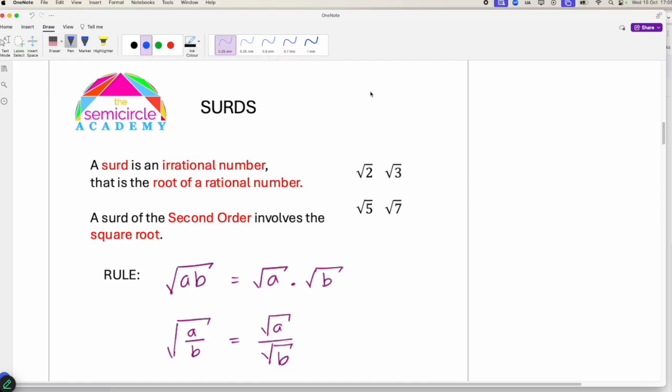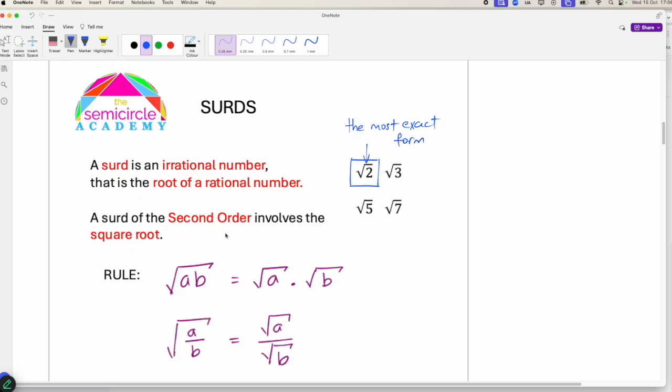Because this is irrational, expressing it in this form is the most exact form of the number. There is no more exact form than this. If you express it in decimals, you'll have to round off, which wouldn't be exact. So this is the most exact way we could express it.